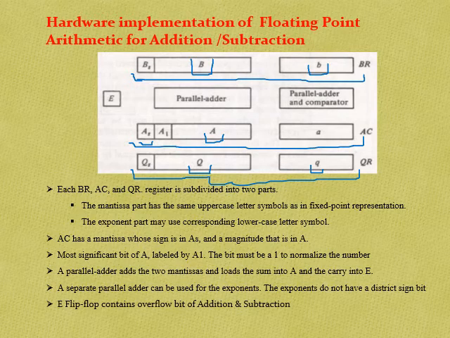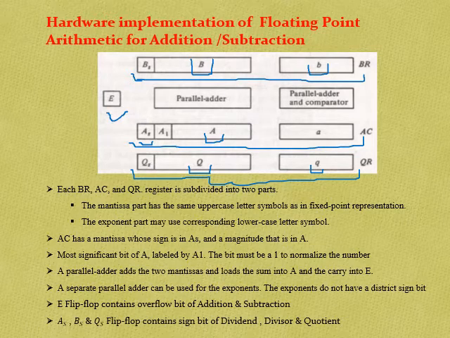Lastly, this E is not a register, it is the E flip-flop. This E flip-flop stores the overflow in the addition or the subtraction operation. So these are the register requirements for the hardware implementation of the floating point arithmetic for addition and subtraction.